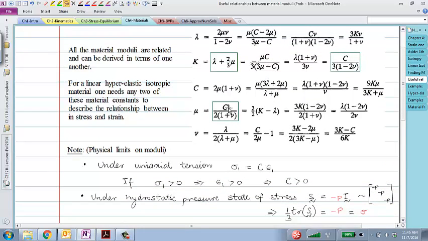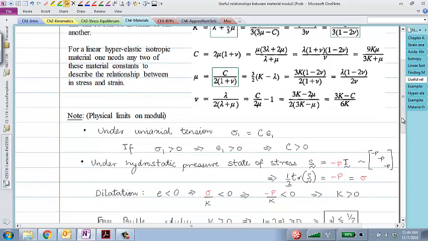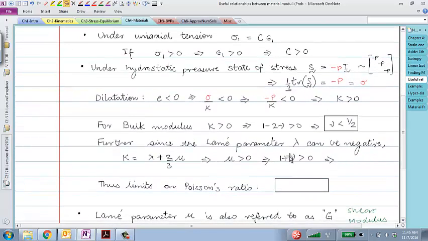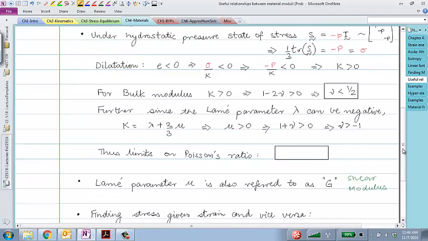If mu is positive, c is positive, then 1 over 1 plus nu also has to be positive, which immediately means that nu has to be greater than minus 1. So the limits on the Poisson's ratio are: minus 1 has to be less than nu, has to be less than half.